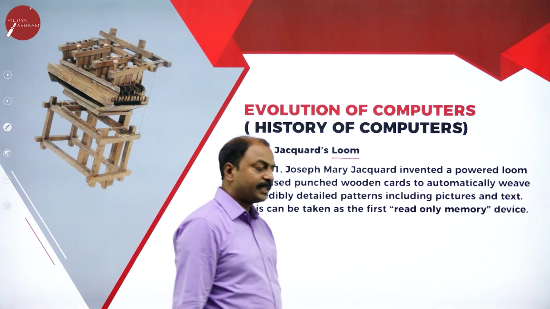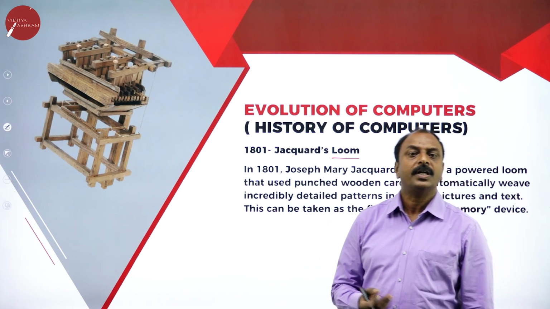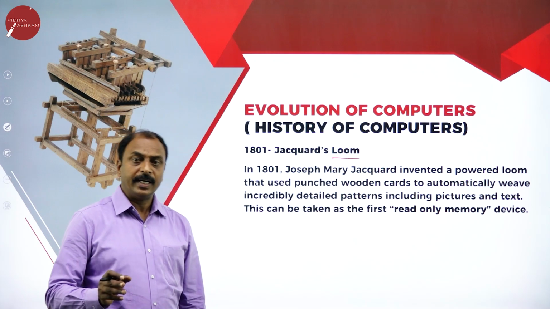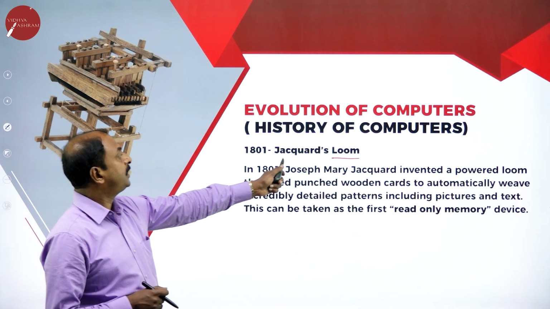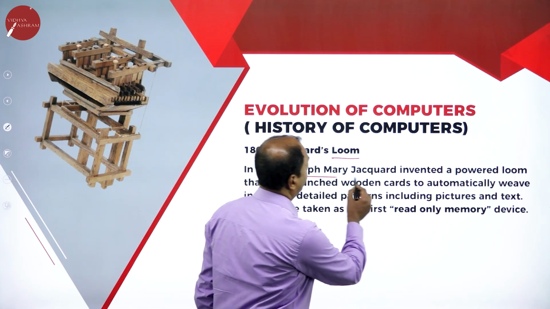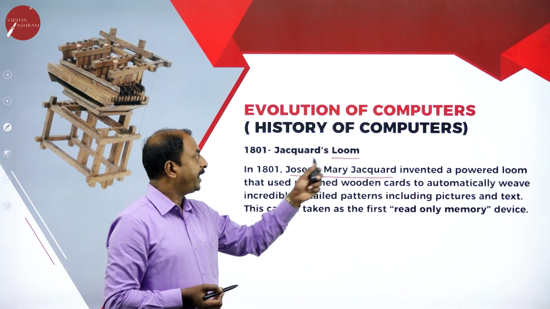Hand loom is a setup where people are using it for weaving cloths or weaving saris. So that is the hand loom. Similarly, this is the Jacquard Loom. Here Joseph Marie Jacquard developed a device called the Jacquard Loom.